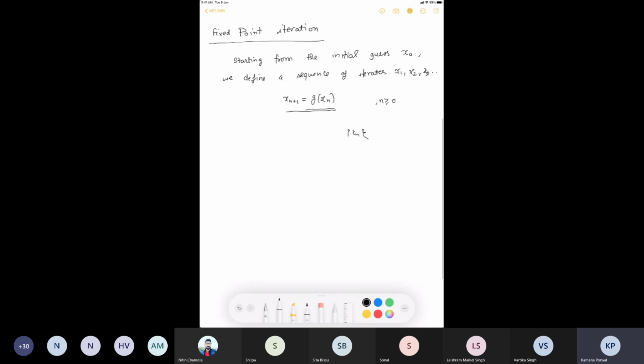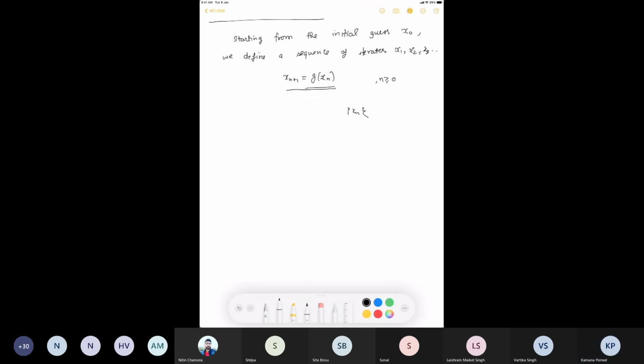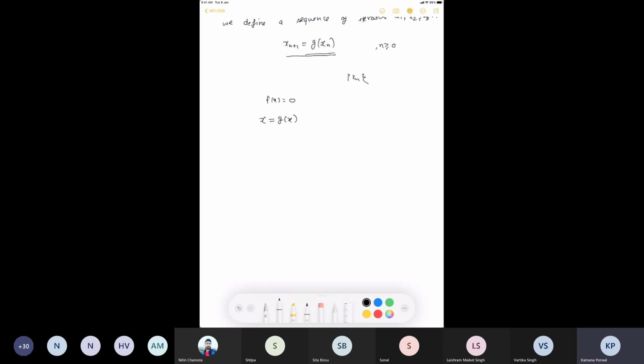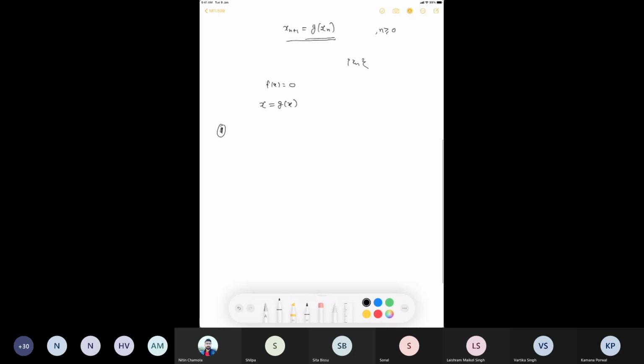So let's try to see, first of all, what are the choices of the g we can have? Like, how can we write the given equation f(x) = 0 as x = g(x)? We have f(x) = 0, and we want to write it in this form, x = g(x), right? So you can see that we can have g(x) as x minus f(x).